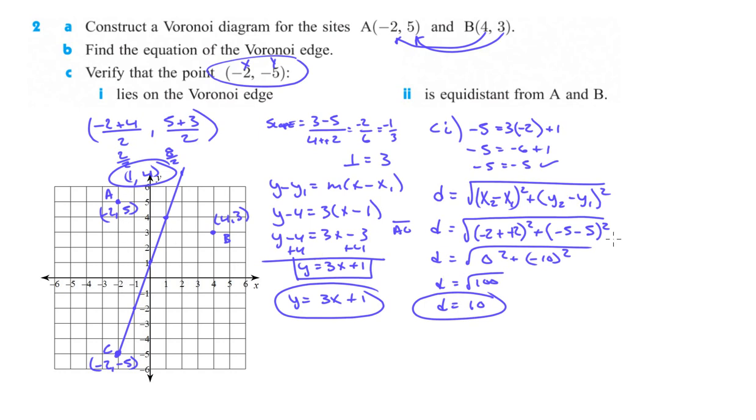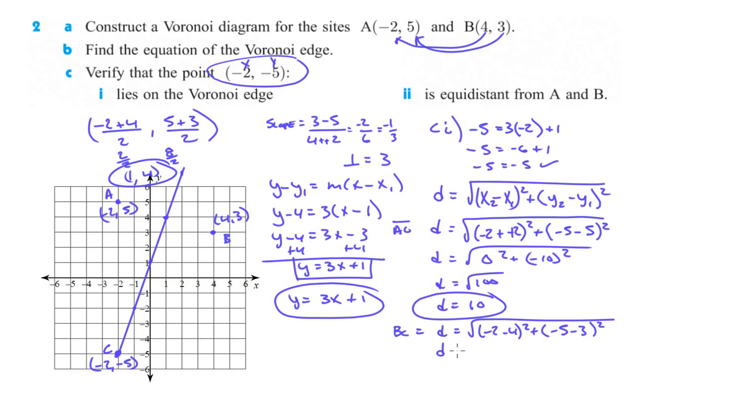And then if we do, let's see if we can fit it on here. I think we can. B to C is going to be square root of -2 minus 4 squared plus -5 minus 3 squared. And it doesn't matter which one you start with, because either way, when you end up squaring it, they'll all end up being positives anyway.